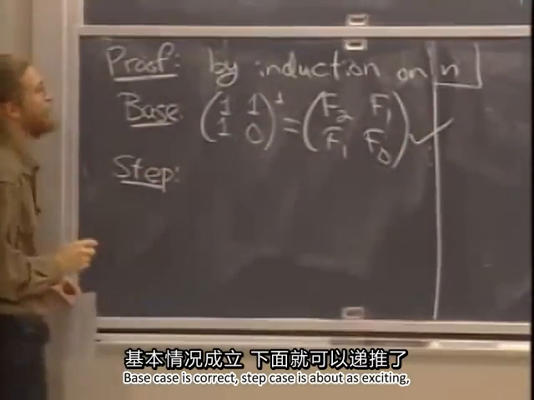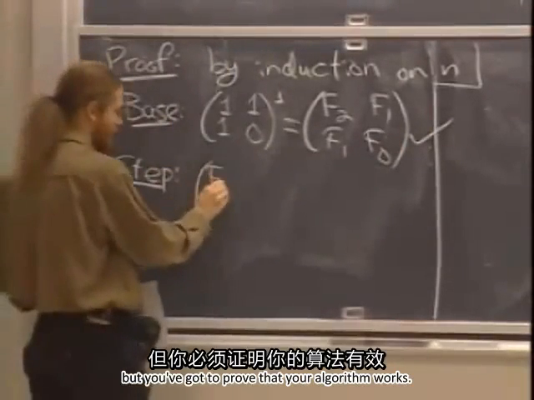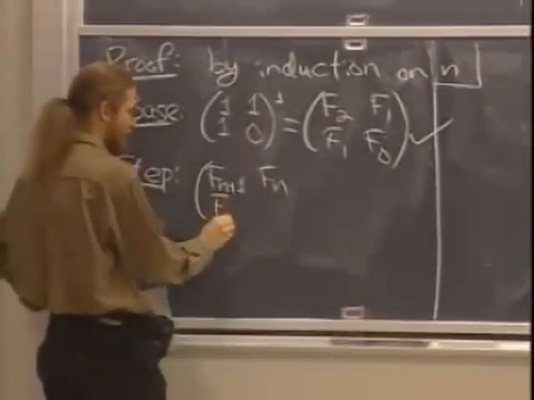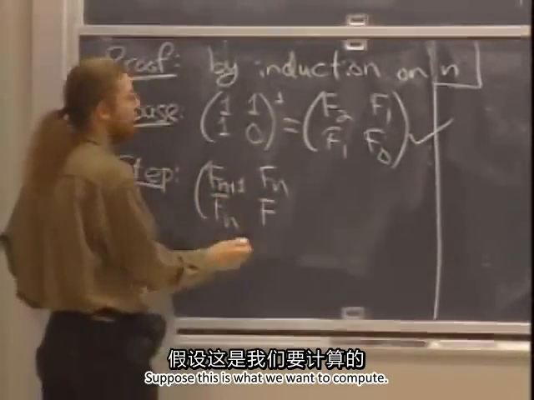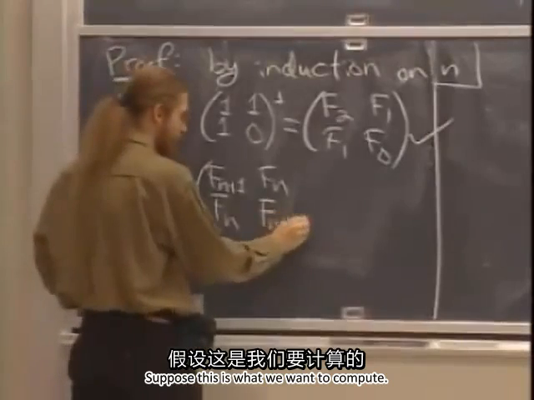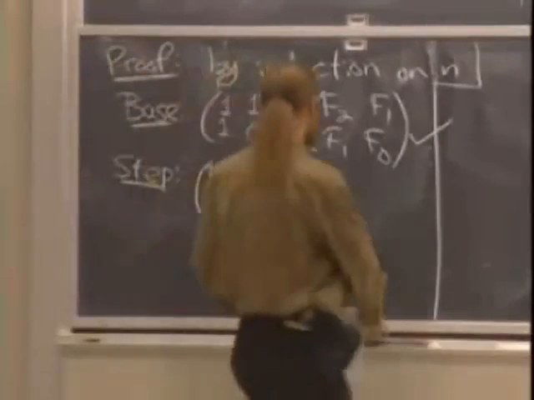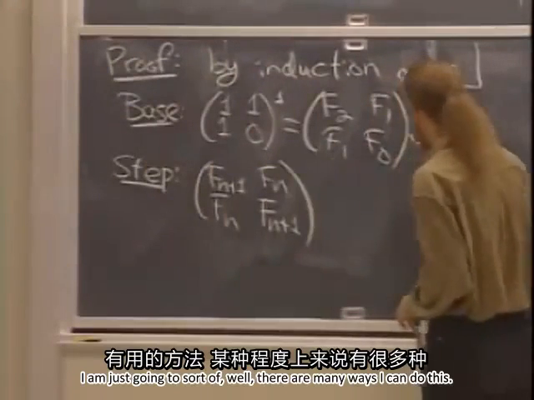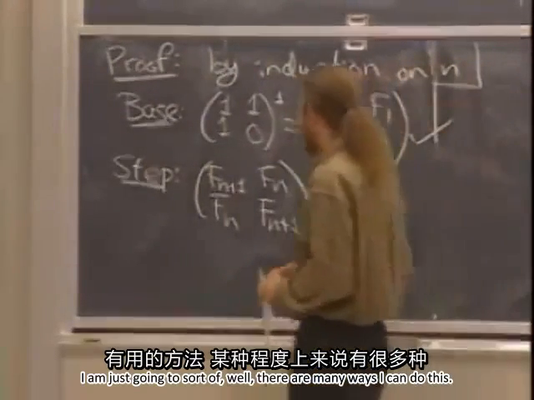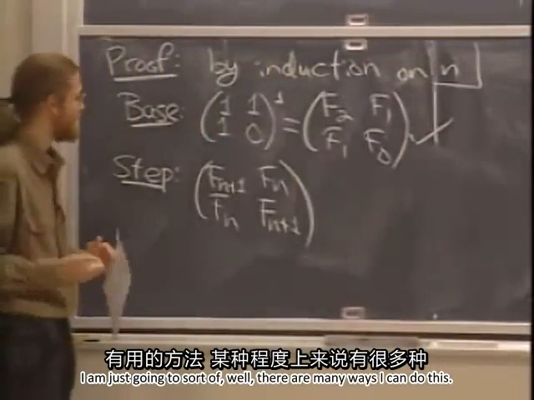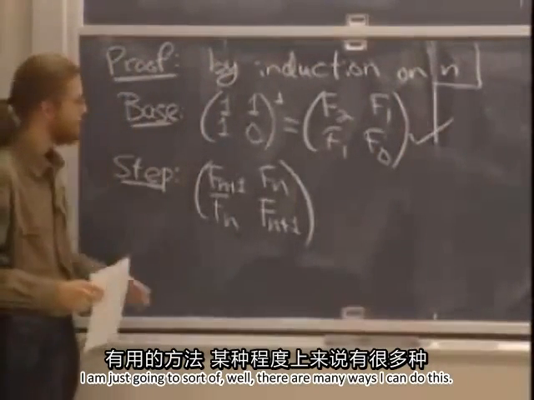Step case is about as exciting, but heck, you've got to prove that your algorithm works. So suppose we have this, this is what we want to compute. There's many ways I could do this.